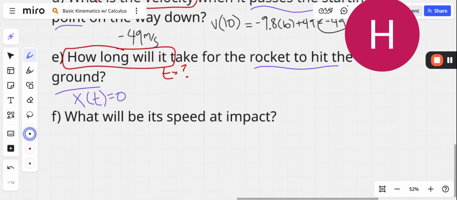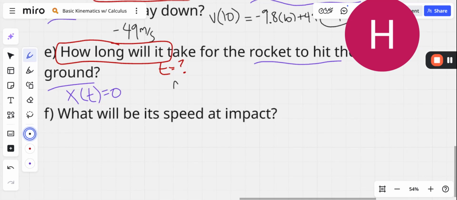Well, let's go back to our expression, the integral from 0 to t of v of t. So in this case, we want the position to be 0, not the change in position to be 0.